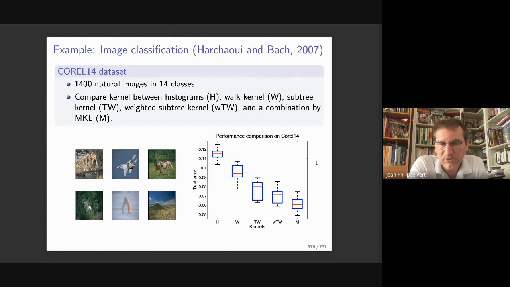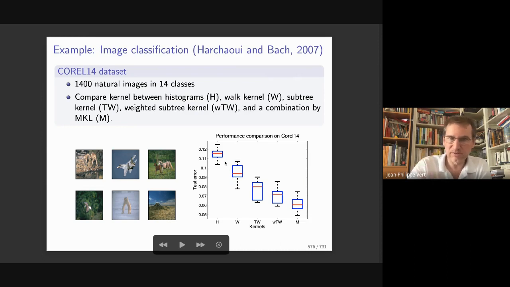There are other examples. I think I showed this figure already in the lecture about graph kernels, but here, I didn't mention it, but here there are different kernels which are compared. So these are kernels for images, so one based on histograms, one based on a graph kernel, a subtree kernel, weighted subtree. So the 4 performances from the left correspond to individual kernels.